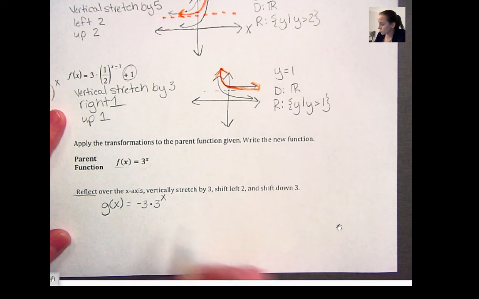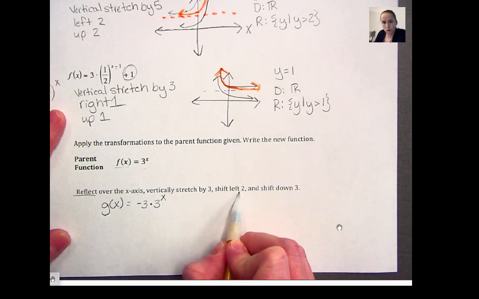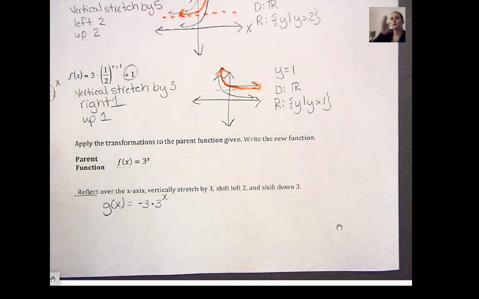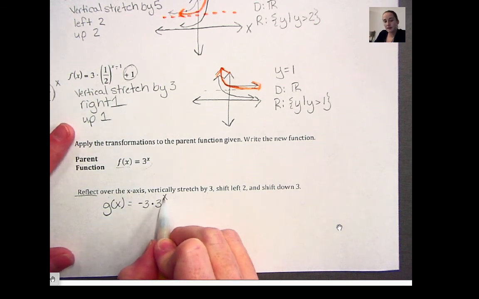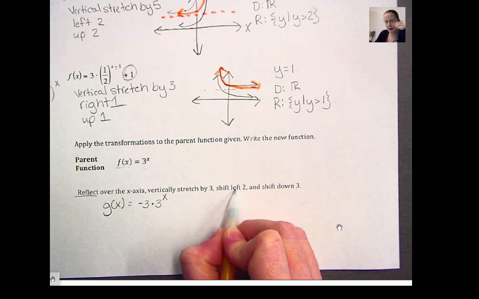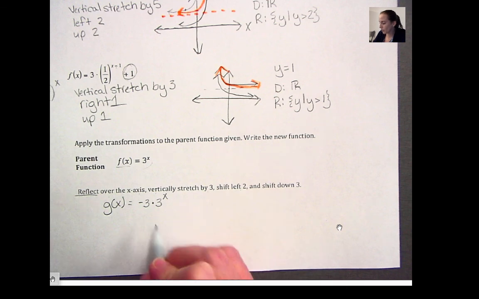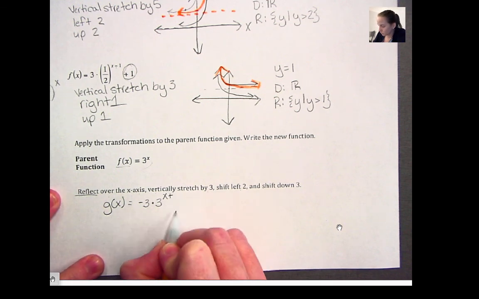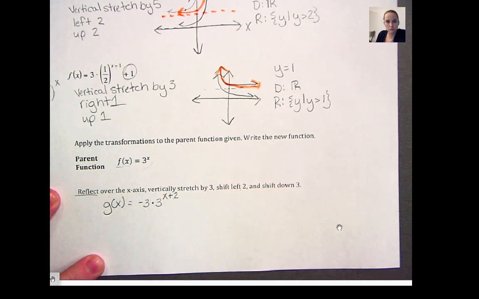Okay? Then I'm going to shift to the left 2. Well, horizontal movement is up with the x, and it's the inverse. So this is saying shift it to the left. I would think in my head negative, but I'm going to write positive 2, plus 2 there.